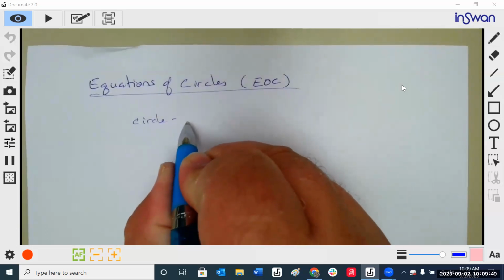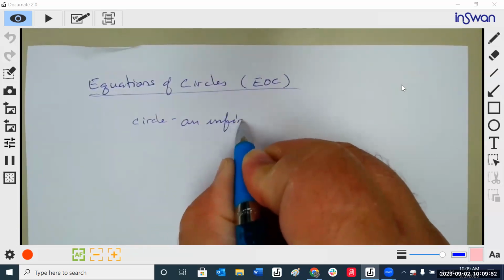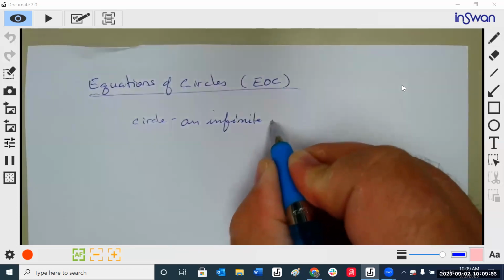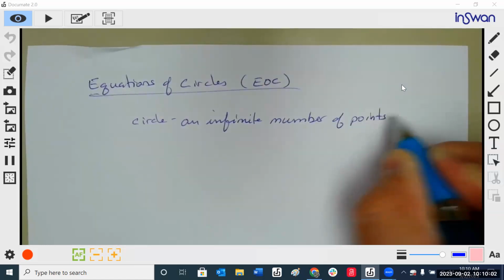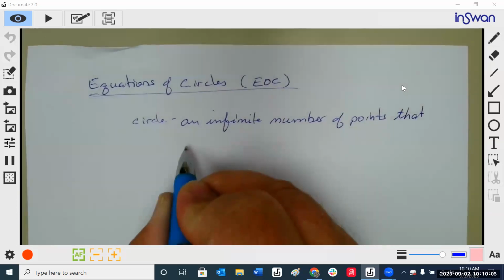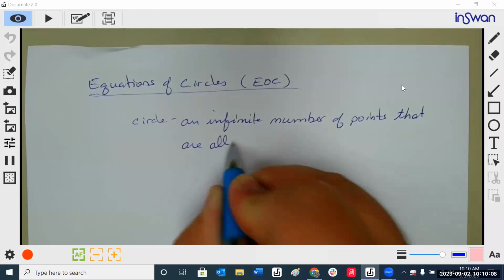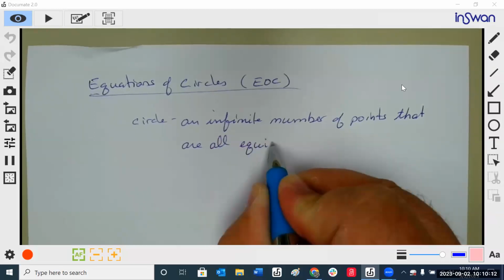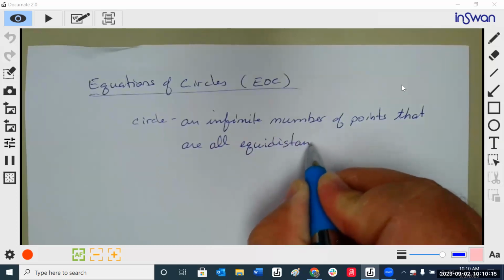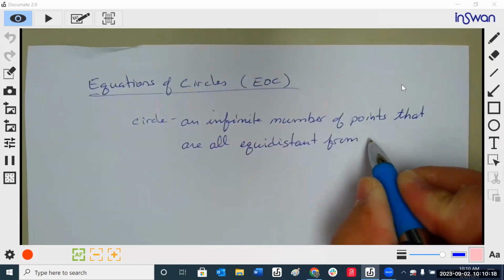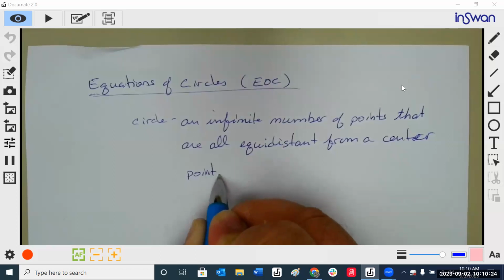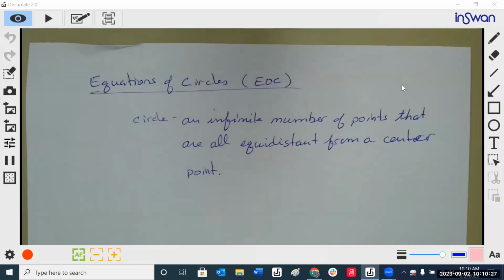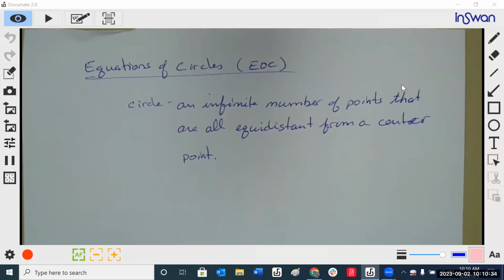A circle is an infinite number of points that are all equidistant from a center point. An infinite number of points that are all equidistant from a center point.